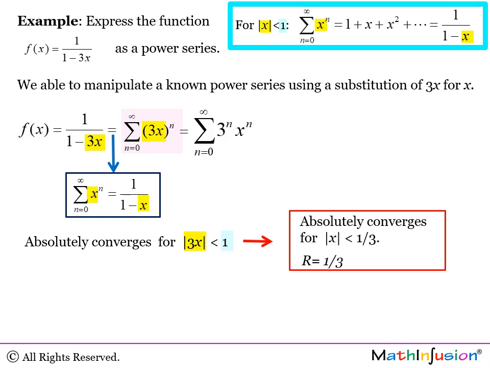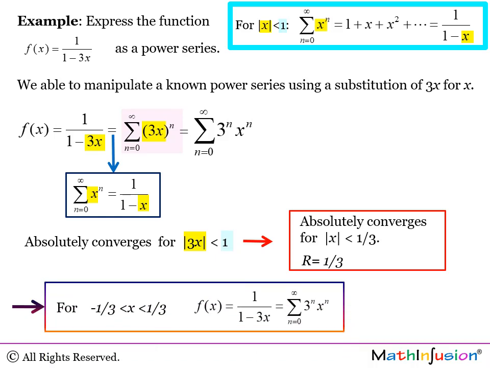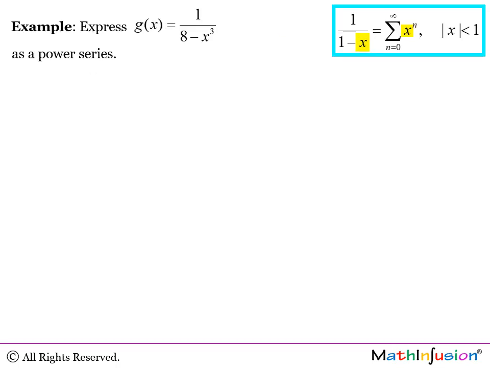So r is 1/3. We conclude: for x's that are between negative 1/3 and 1/3, the function 1 over 1 minus 3x is also the power series of 3 to the power of n x to the power of n, and n runs from 0 to infinity.